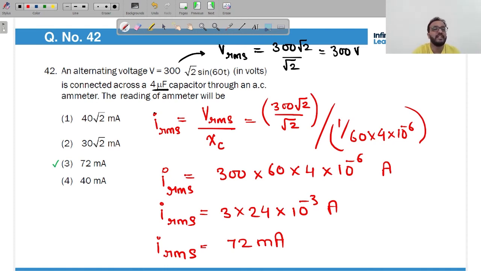See, ammeter always reads RMS value in case of alternating current. So it is VRMS upon Z, which is XC because it is a capacitive circuit. So XC is what? 1 by omega C. So this is VRMS upon 1 upon omega C, right? Omega into C. Solving, you will get it is 72 milliampere. Got it?